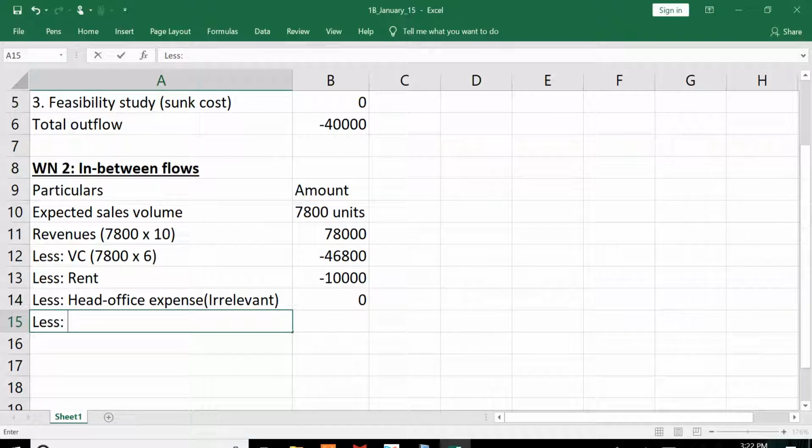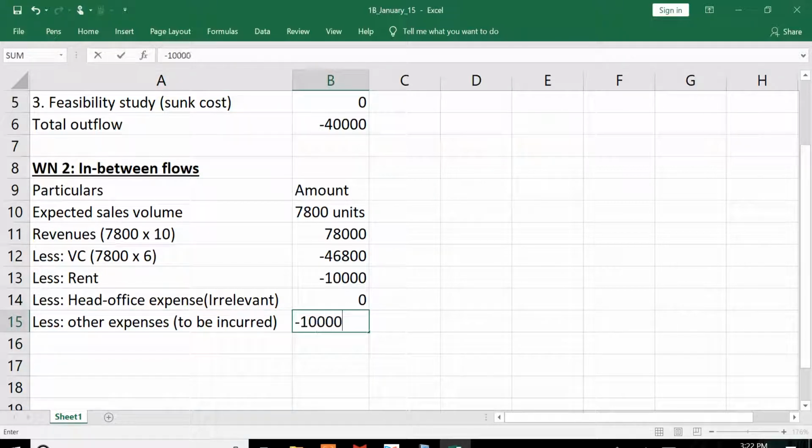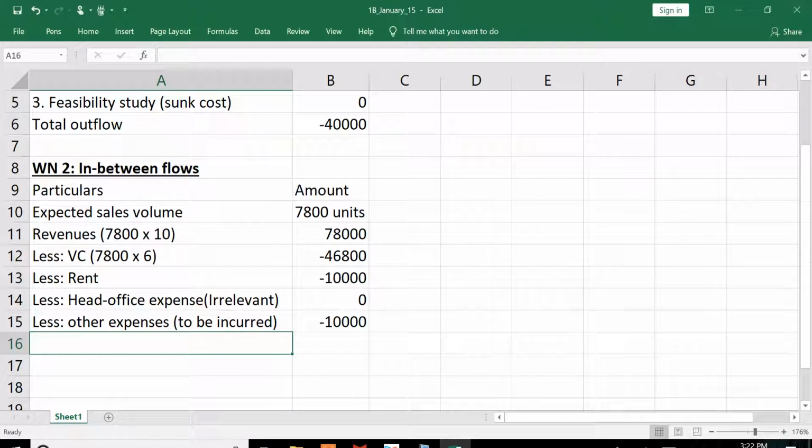Less, I think we have one more thing, which was other expenses to be incurred. This is my specific assumption, saying that this will be incurred by the company.